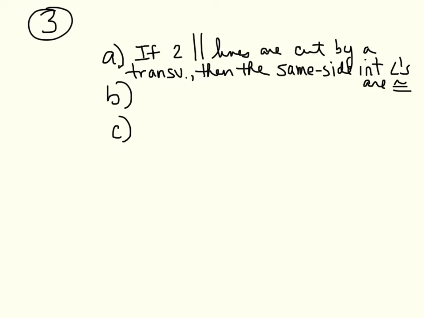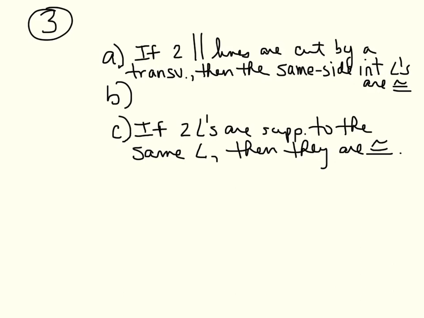So now we can say angle 1 is congruent to angle 3 because from a theorem that we learned a couple sections ago, if two angles are supplementary to the same angle, then they are congruent. So A and B are the same reason, and C is now knowing that steps 2 and 4 are both supplementary, that if we have two angles that are supplementary to the same angle, which in this case is angle 2, then angle 1 and angle 3 are congruent.